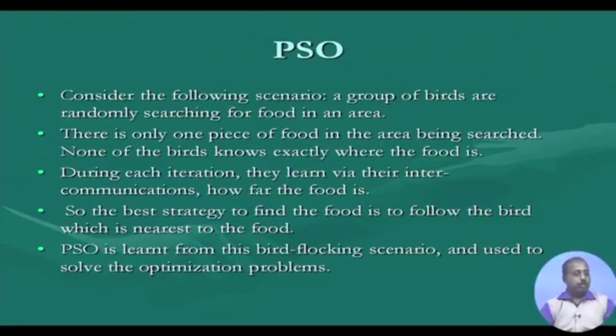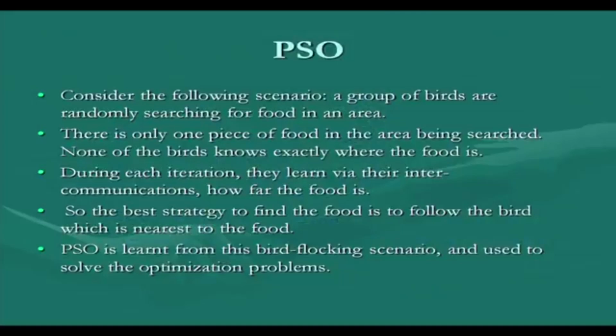So, none of the birds knows exactly where the food is, and during each iteration they learn via intercommunication how far the food is. So, every bird has some idea about how far it is from the food. It is assumed that they have a very strong idea of how far they are from the food. Now, birds are thought to be cooperative.